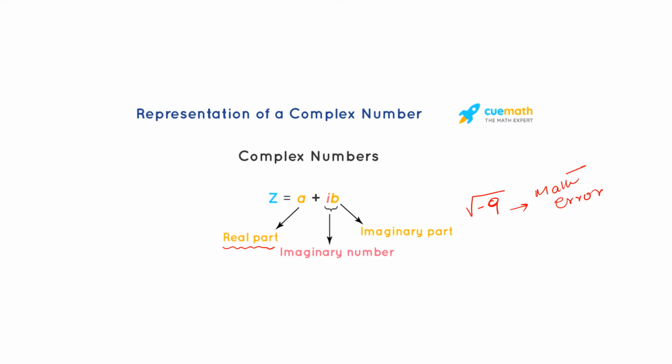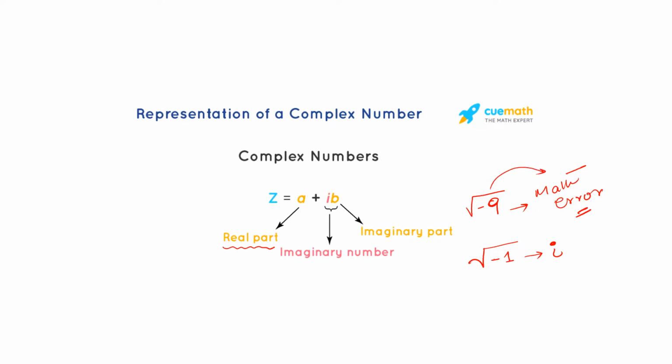So in that case, they thought of another imaginary number, the square root of negative 1, and they represented this value as i. This came from their imagination, so that's why they call it the imaginary number, to solve calculations which give you the math error.